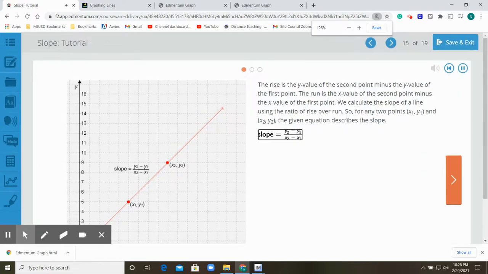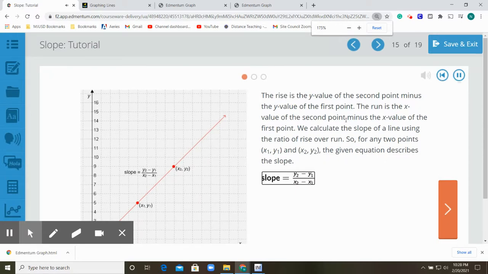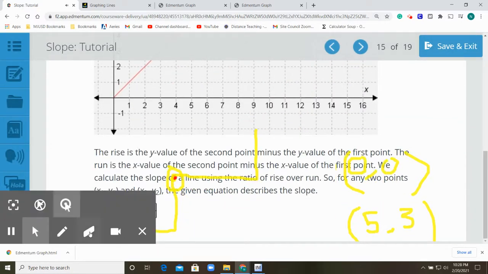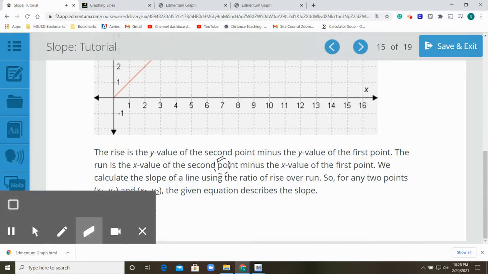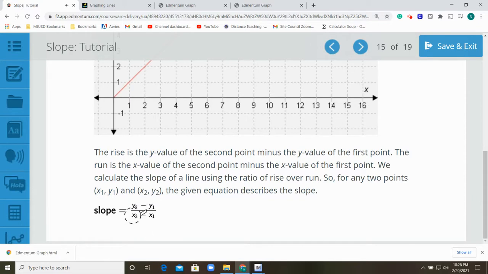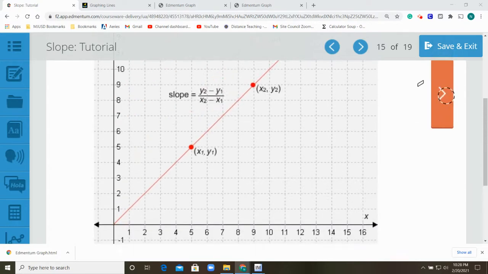We calculate the slope of a line using the ratio of rise over run. So, for any 2 points, x1, y1, and x2, y2, the given equation describes the slope. Slope equals y2 minus y1 over x2 minus x1. Awesome.